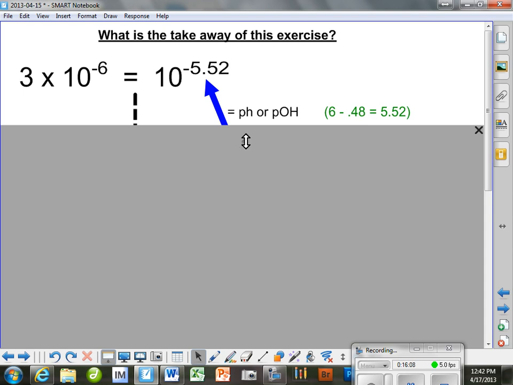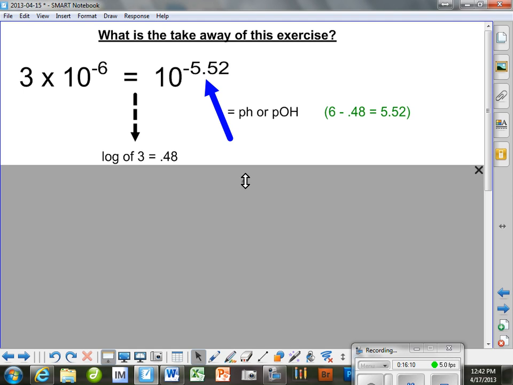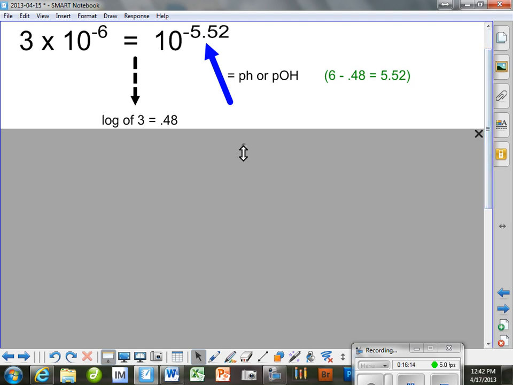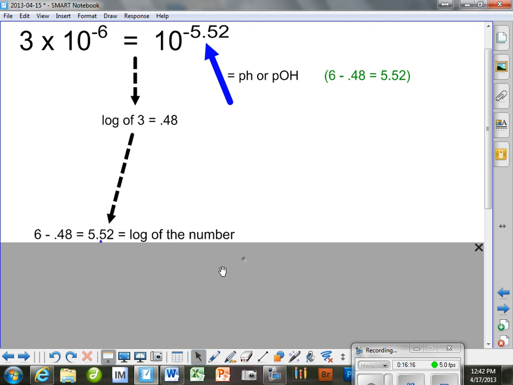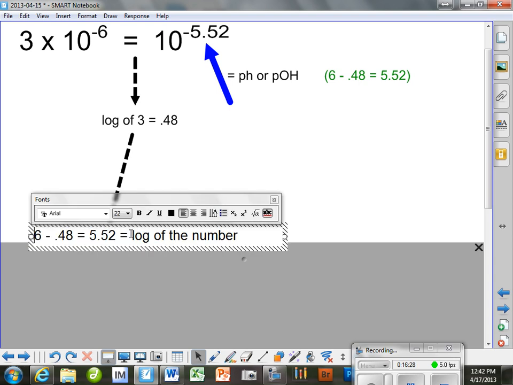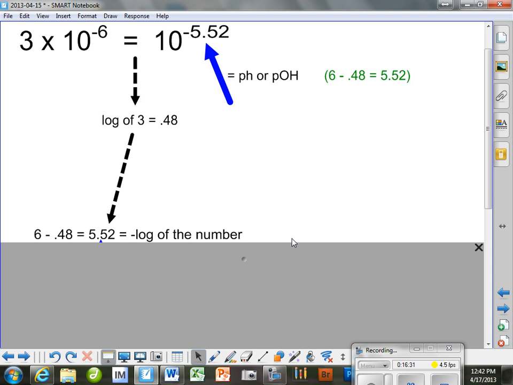Okay, so here we go. We took the log of 3. That gave us the 0.48. I'm just showing you the same thing in steps. And the 6 minus the 0.48 is giving us the 5.52, which is the minus log of the number.